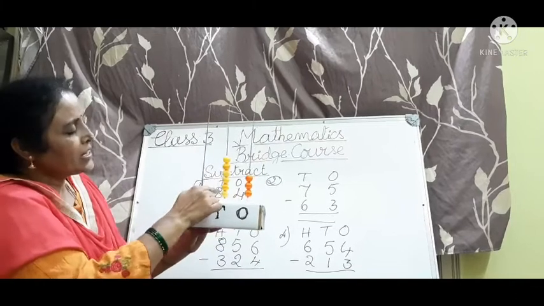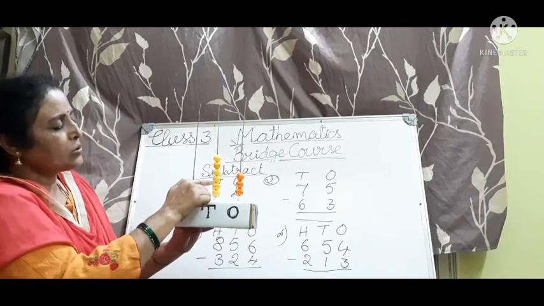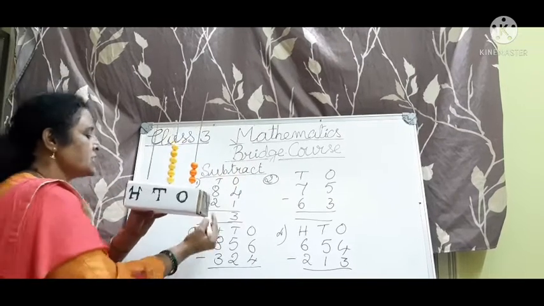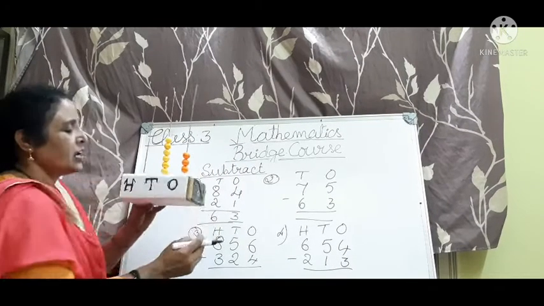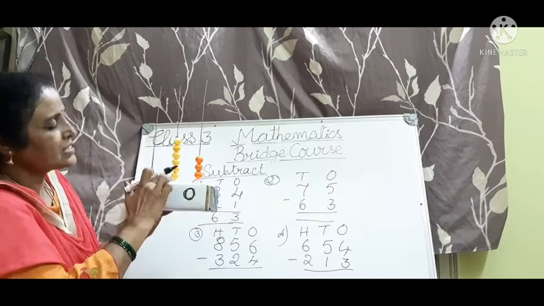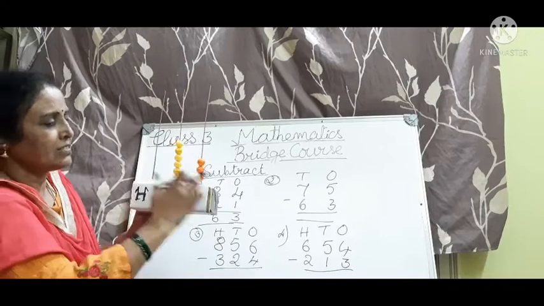Then how many tens are remaining here? 1, 2, 3, 4, 5, 6. Then 8 minus 2 is 6. Now what is the answer? 63.